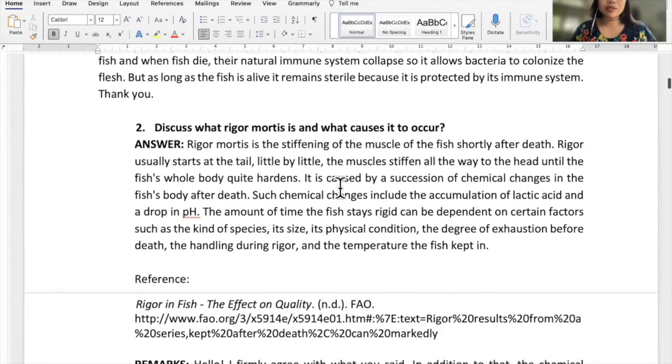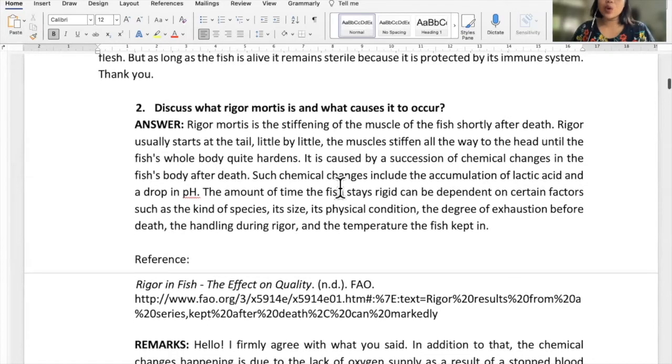For item number 2, discuss what rigor mortis is and what causes it to occur. So basically the answer here is rigor mortis is the stiffening of the muscle of the fish shortly after death. And note that the stiffening starts at the tail of the fish.